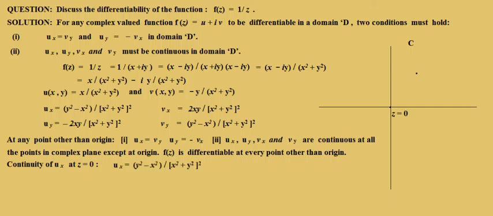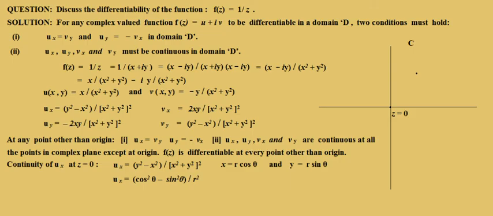Here ux = (y² - x²)/(x² + y²)². ux is a function of x, y, two variables. So for checking the continuity of ux at origin, we will convert this function into polar form, and in converting into polar form, we will put x = r cos θ and y = r sin θ.